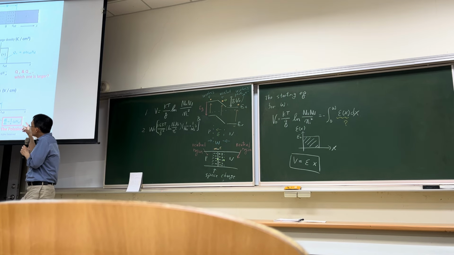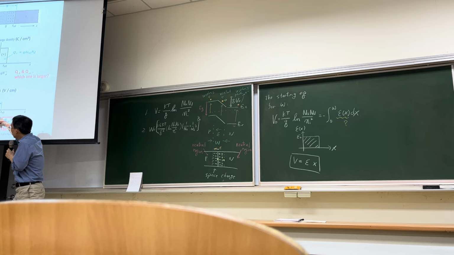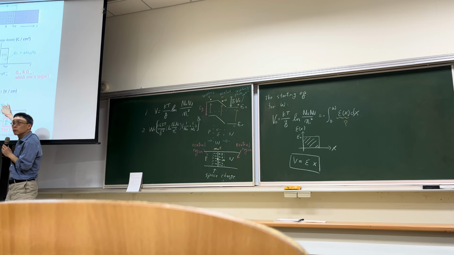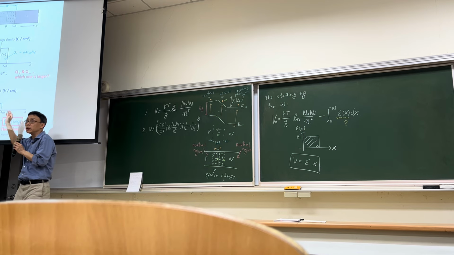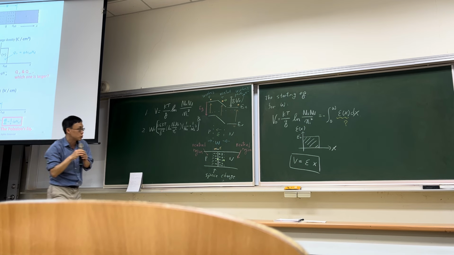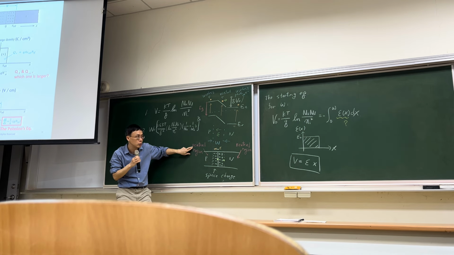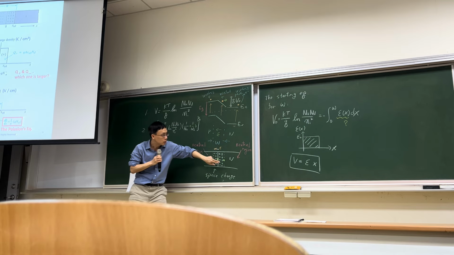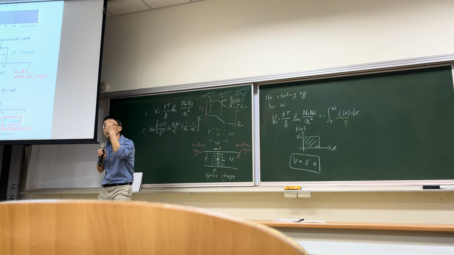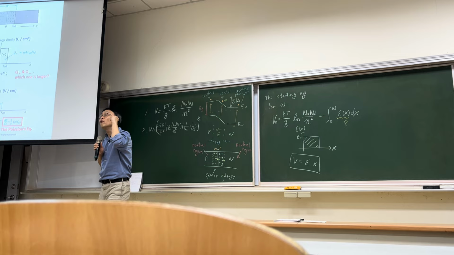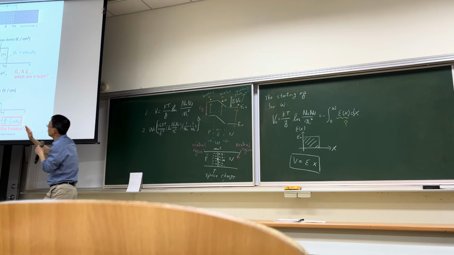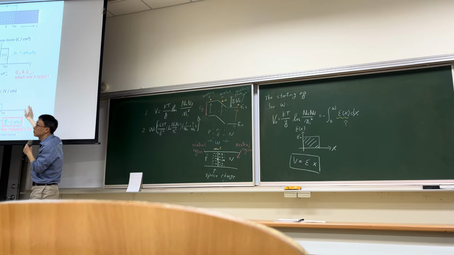OK, so in order to know the slope of our electrical fields, we know the starting point of the electrical fields is 0 because out of the depletion region there is no space charge. We call it the neutral region. So no space charge, which means 0 electrical fields. That's why we don't have any lines outside of the depletion region.